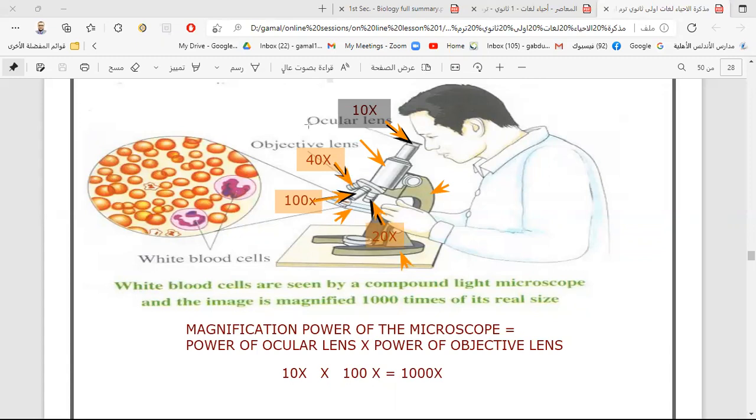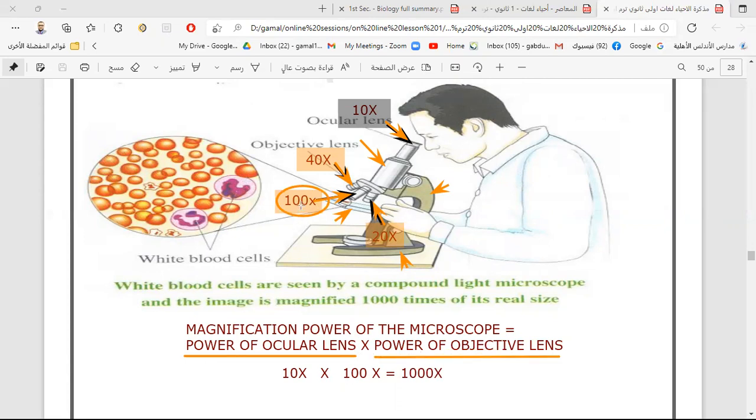And if you use the objective lens with the power of magnification 100, the total power of magnification of the microscope will be the power of the ocular lens multiplied by the power of the objective lens.